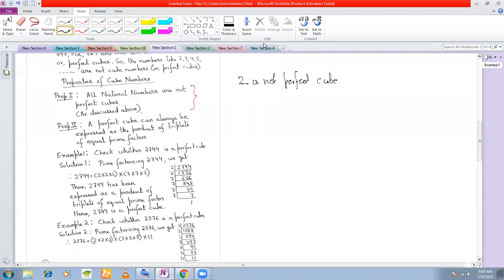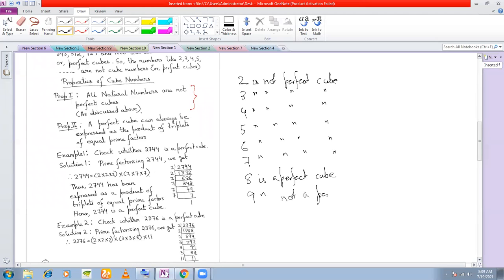Is 3 a perfect cube? 3 is also not a perfect cube. 4 is also not, 5 is also not, 6 is also not, 7 is also not a perfect cube. But 8 is a perfect cube. But 9 is not a perfect cube.